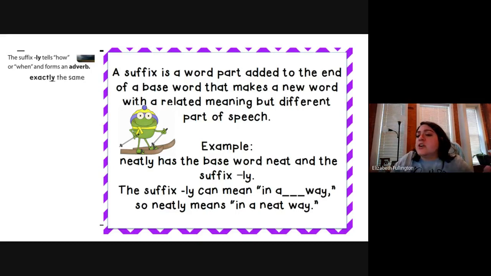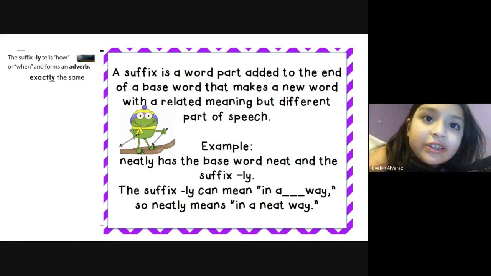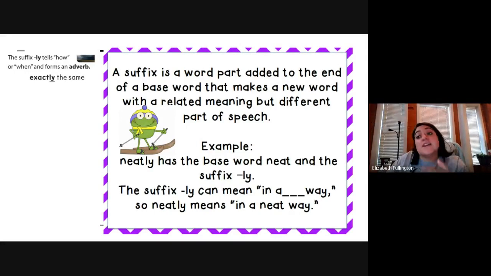What was the meaning of neatly to you? What did you say? Carefully. So carefully, that is a good one. So in a careful way, right? So neatly means in a careful way or in a neat way. So that tells us how Miss Fullington placed the book, right? Good job. You did good.